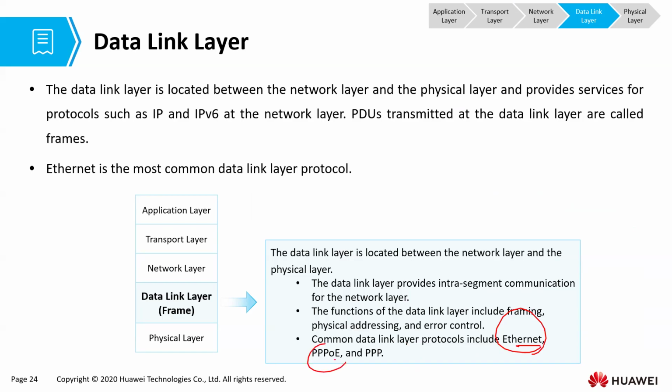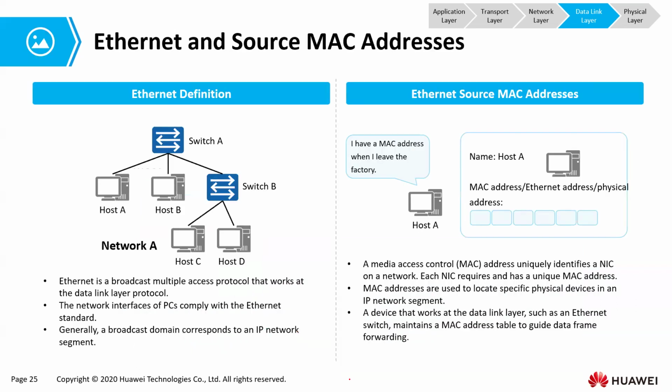We also have point-to-point over Ethernet and point-to-point itself. Some of the protocols we'll learn about as we go with the course. For now, data link is where framing happens, and where MAC addressing happens.